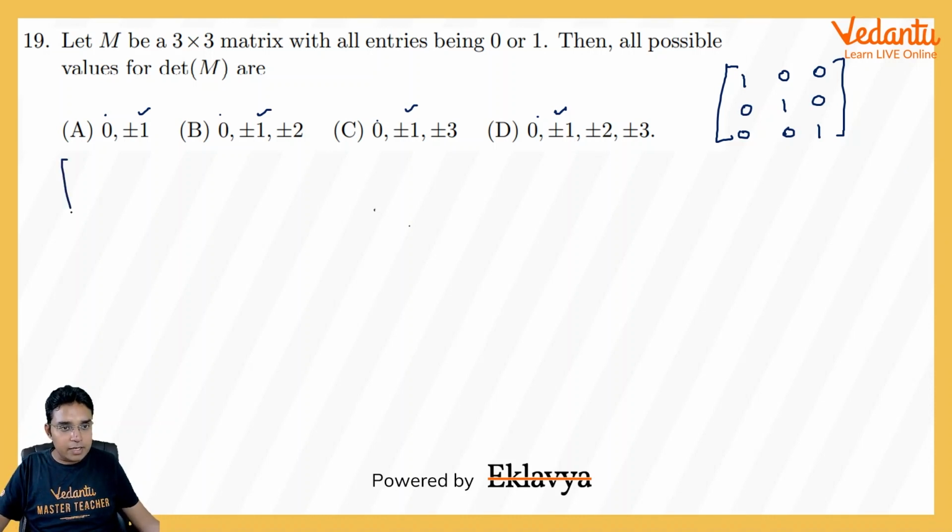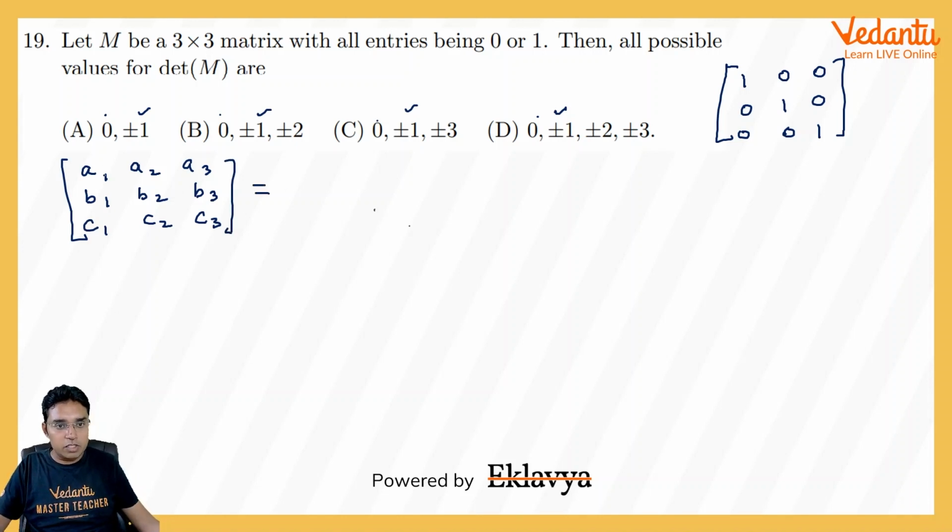First of all, let us assume my matrix is A1, A2, A3, B1, B2, B3, C1, C2, C3. Now there is a direct method to expand this matrix where we multiply these elements in the diagonal.